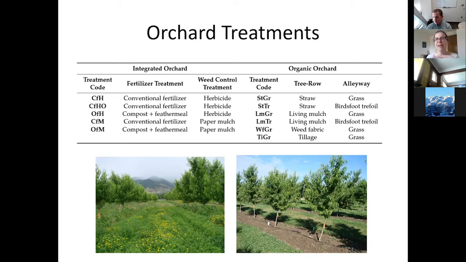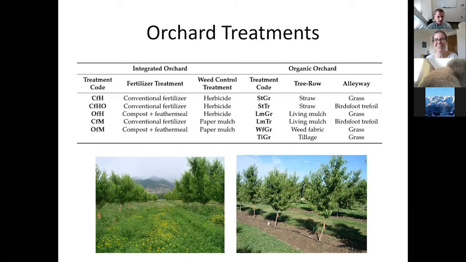And so we had a bunch of different treatments in these orchards, randomized complete plot designs with 4 reps of each. And so we had, at that point, like 4 years of documented soil health differences across these different treatments. We had everything from conventional fertilization with herbicides, all the way to organic with mulches, living mulches in the tree row, right?